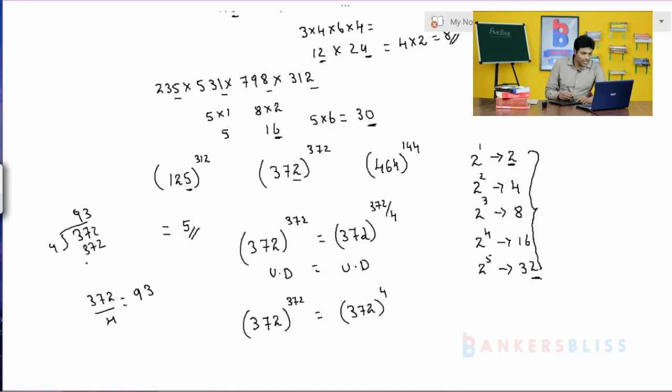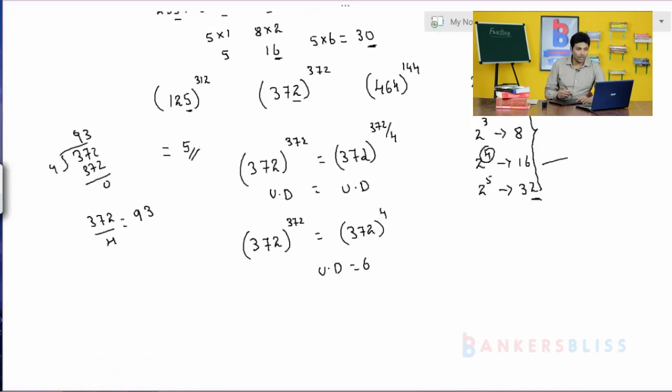The remainder is 0. The remainder is 0 means it is nothing but 4. You have to consider this value 4. So what is the unit digit? 6 is the unit digit. So here the unit digit is 6. Again you may take one more example.